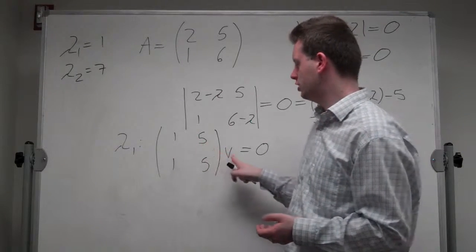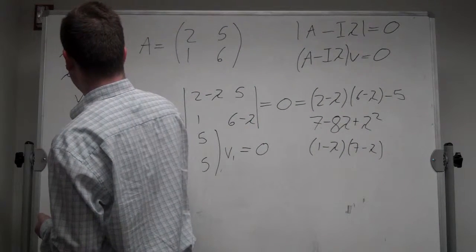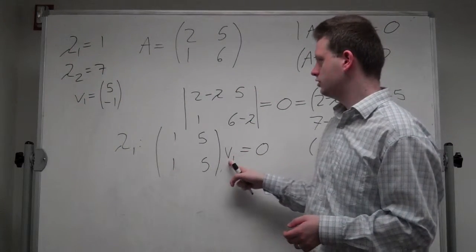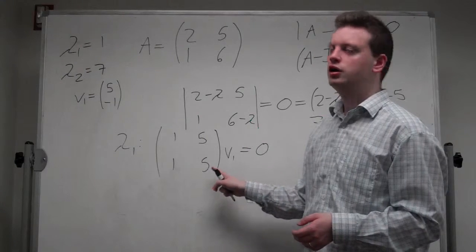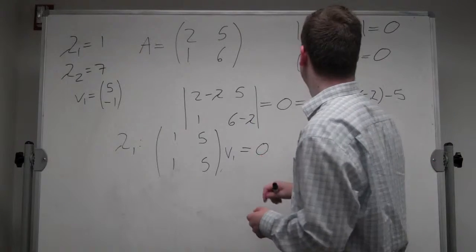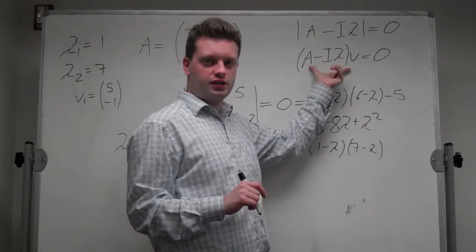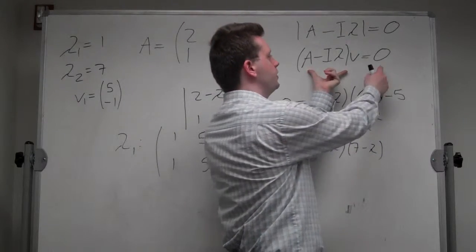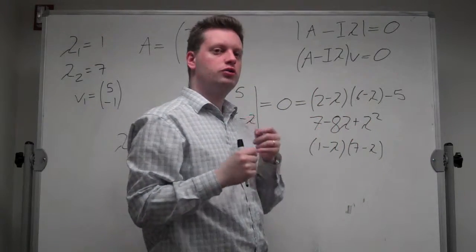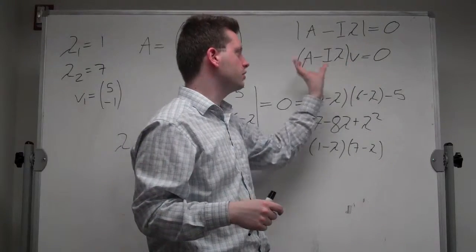So you can have an eigenvector of the form v1 is equal to 5, minus 1. And multiplying this v1 times this matrix will give you 0, or the 0 vector. Now, if you look at this expression, you can multiply both sides by any number you like, and it still has to hold, which implies you can multiply this vector by any number you like, and the expression still holds.